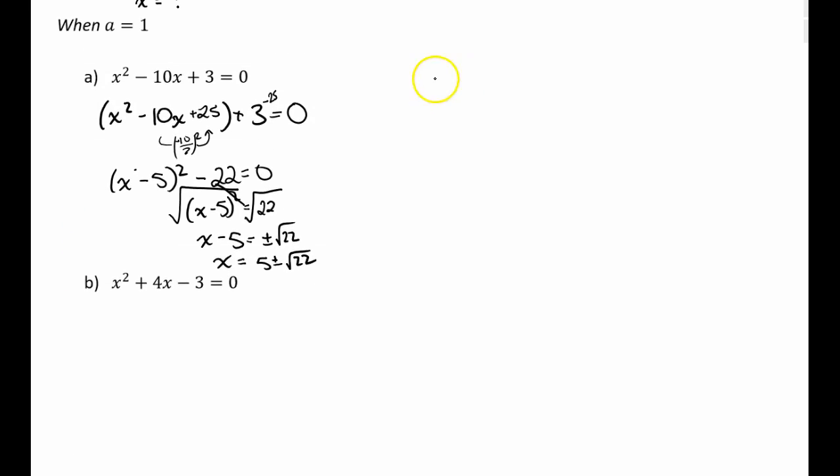Okay. So you would want to use a calculator, figure out what this is in decimal form maybe, and we would plug in 5 plus root 22 squared minus 10 times 5 plus root 22 plus 3 and see if that equals 0. Just use your calculator. You don't need to show all your work.